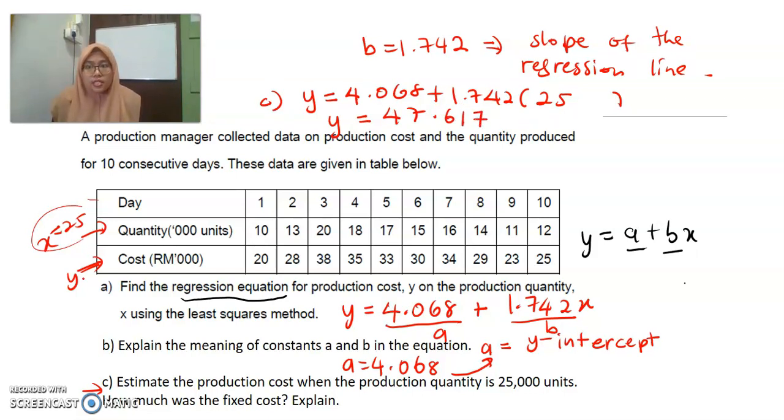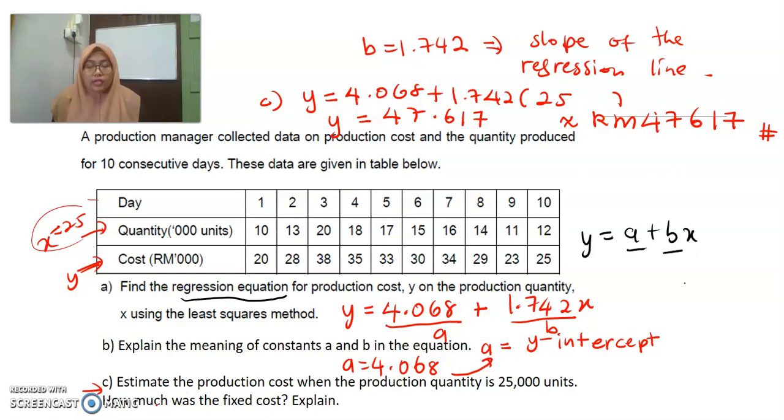Okay, since the y value, the cost value, is in thousand ringgit, that means the value of cost when the production quantity is 25,000 units is RM47,617. Okay, convert the y that you get here to ringgit, so multiply with 1,000. So this is the cost when 25,000 units is produced.